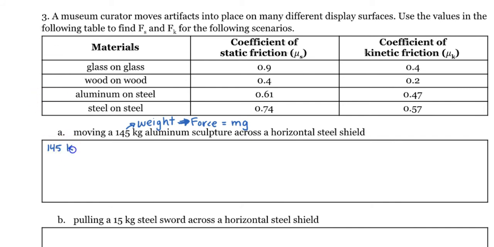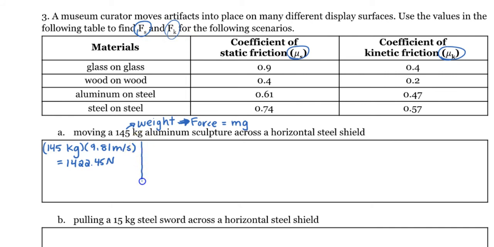So taking that 145 kilogram mass and multiplying it by 9.81 meters per second squared, that will give us the weight, or the normal force, which is 1,422.45 newtons. Now that we have that value, we can use the coefficient of static friction and the coefficient of kinetic friction to calculate the force of kinetic and static friction.